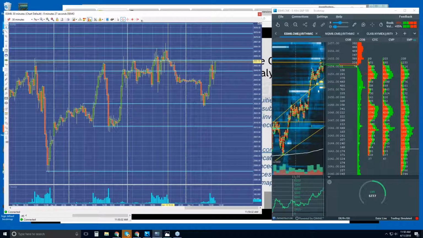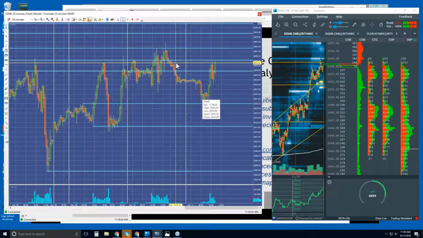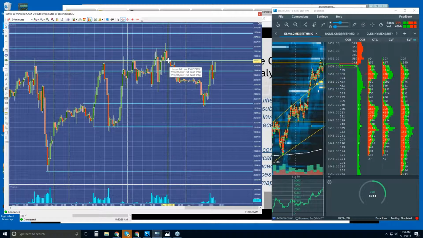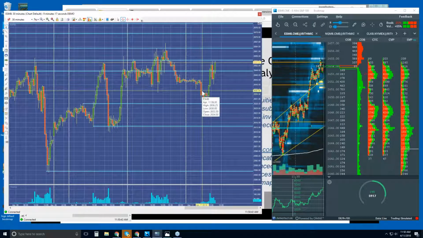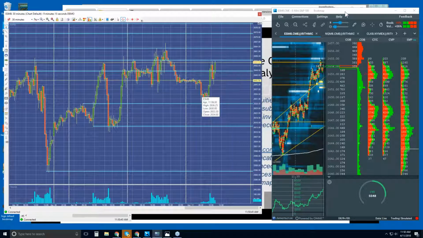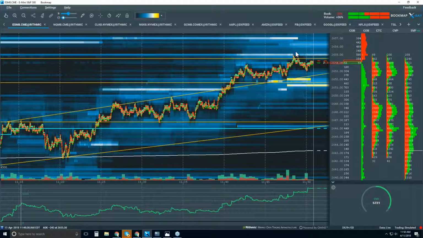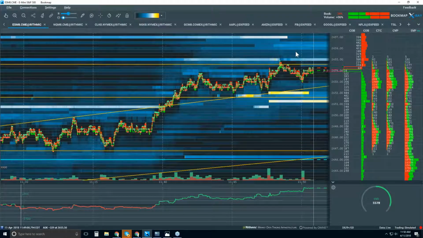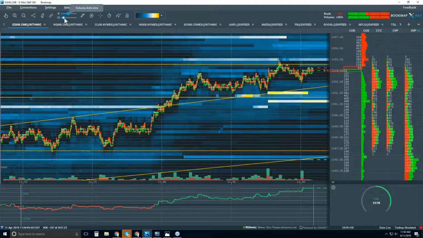So sellers were in control from the all overnight session here, as you can see. So we're probably going to find some sellers up here because that's where they were at the close, and we saw the reaction to it. All right, and we'll see if buyers still have control, and they may. But what we're seeing at the moment, and let's start to change our heat map and dots a bit again.